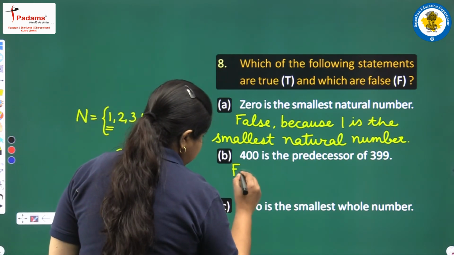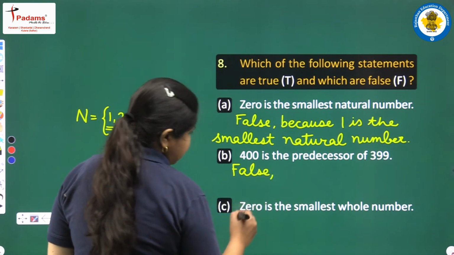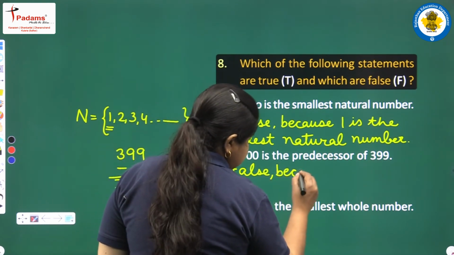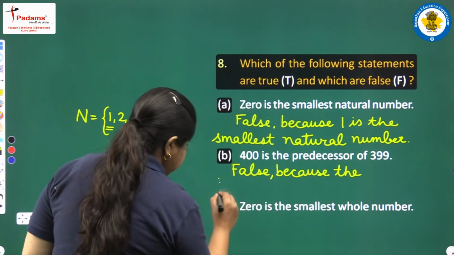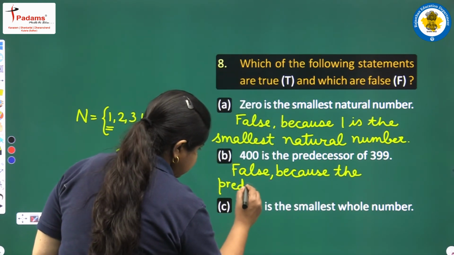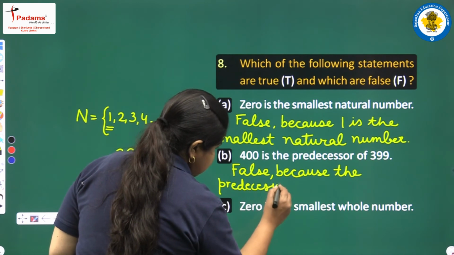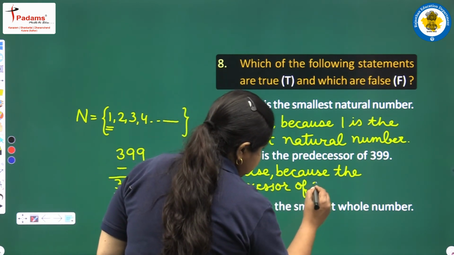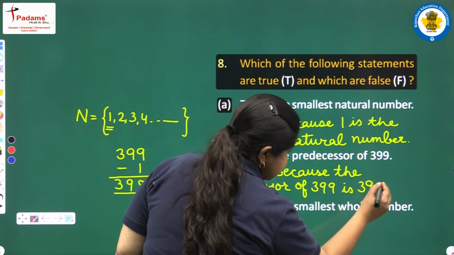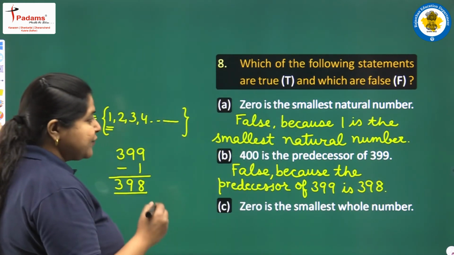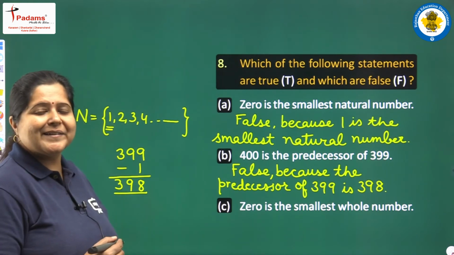We write it false because the predecessor of 399 is 398. In fact, 400 is the successor of 399.